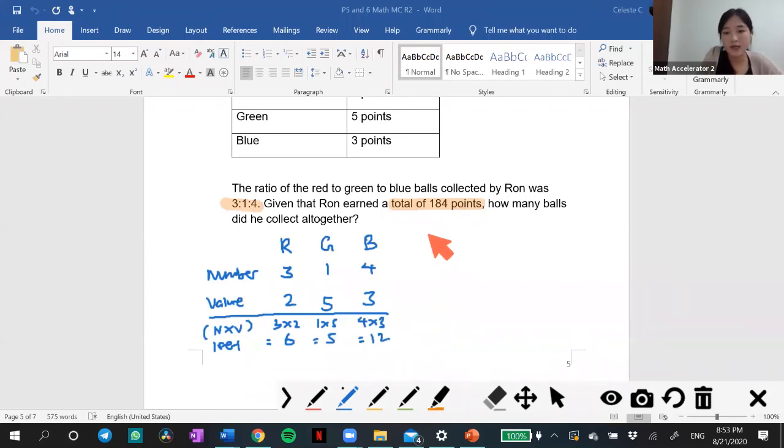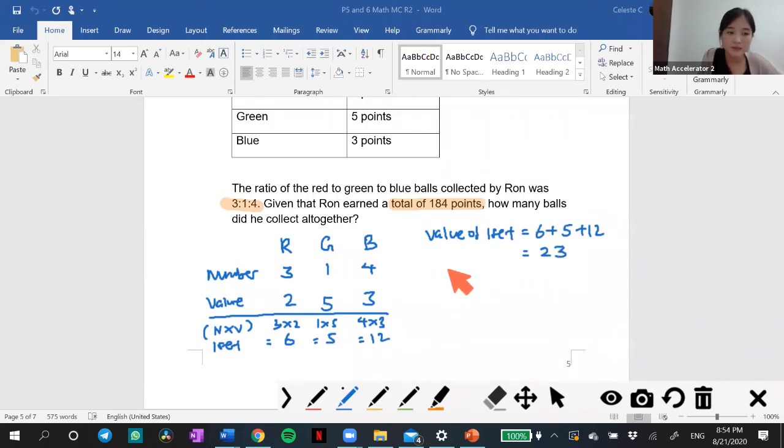Yeah. So value of 1 set, we have to add all these points up. What do you have? Value of 1 set. How many points? 23. Thank you. Charlene. Alex. Okay. 23.